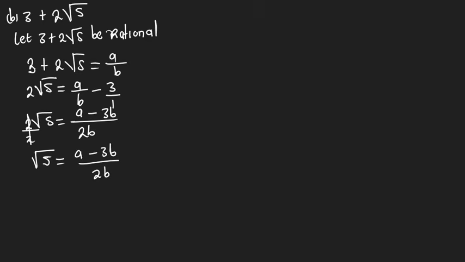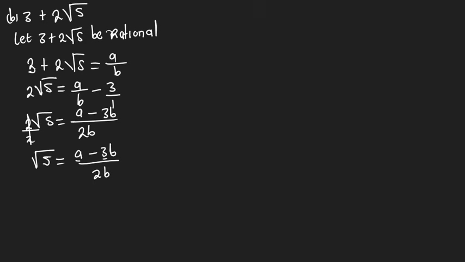Now I want you to notice something here, which is very, very important on this particular question. Notice that what we have here, we have A and B being integers.